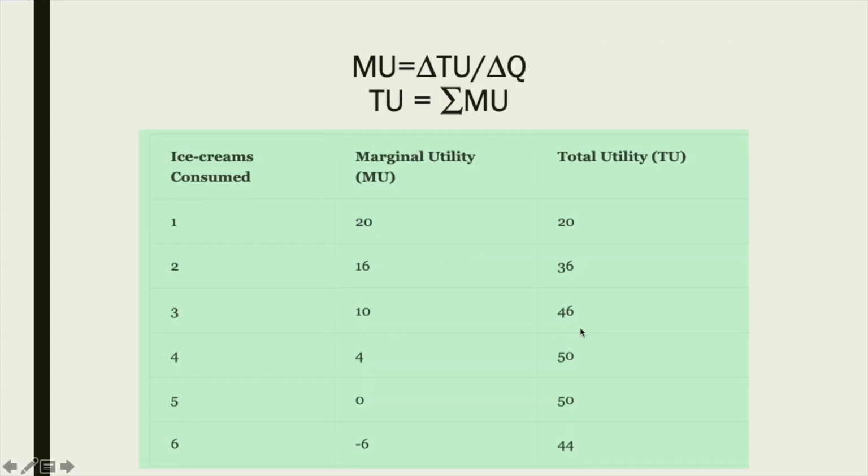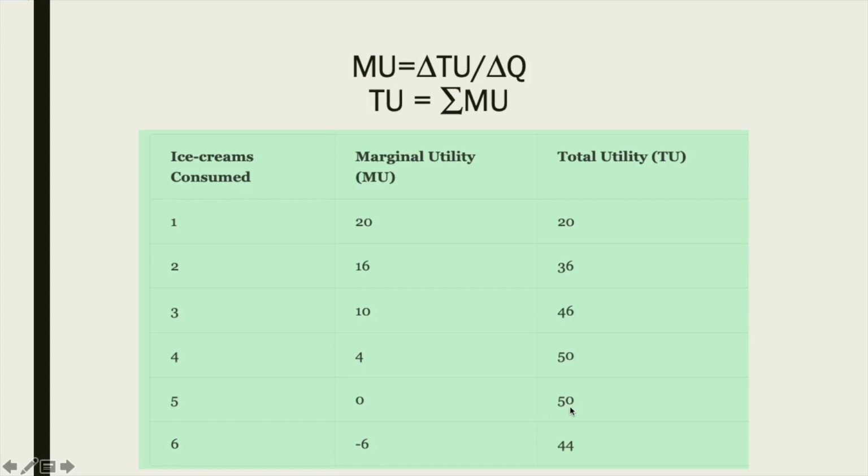The total utility for the fourth and fifth unit of ice cream consumed is 50, and the total utility falls at the consumption of the sixth unit. Here, the total utility is the highest at the fifth unit of ice cream. This means that the consumer attains maximum utility at the fifth unit.